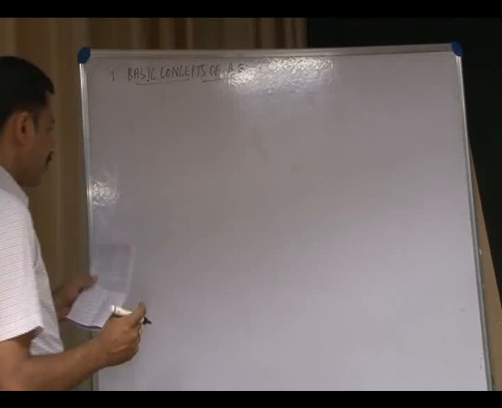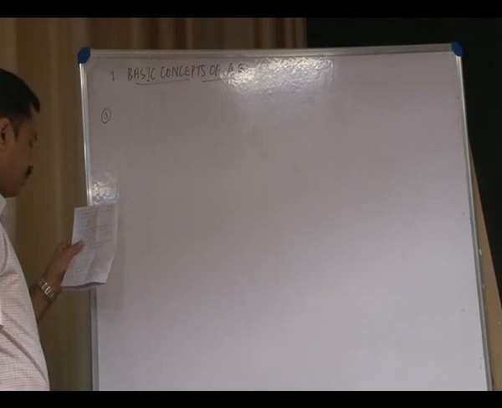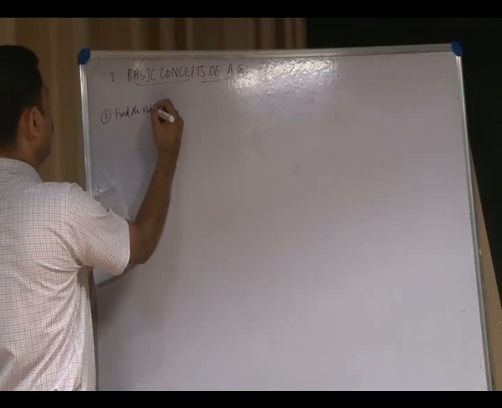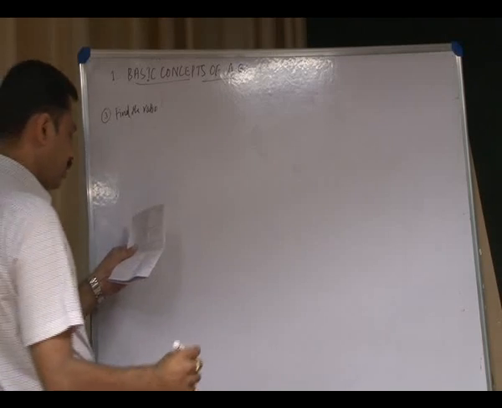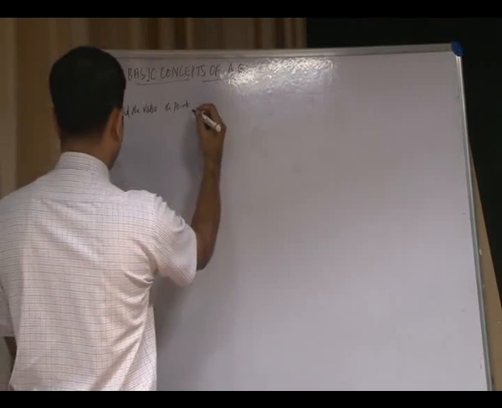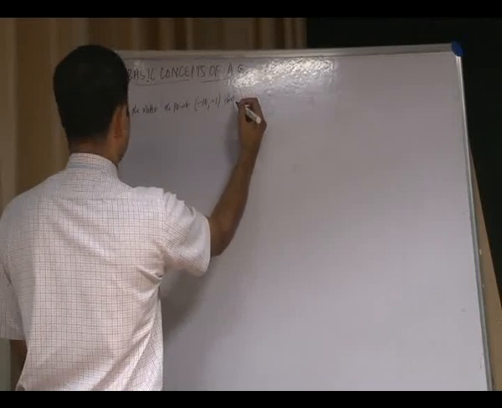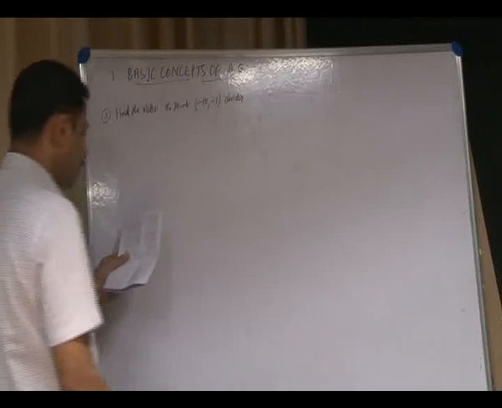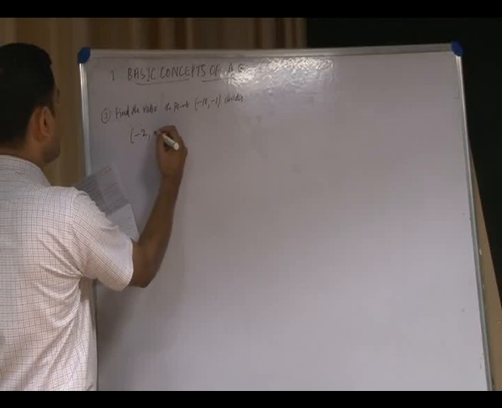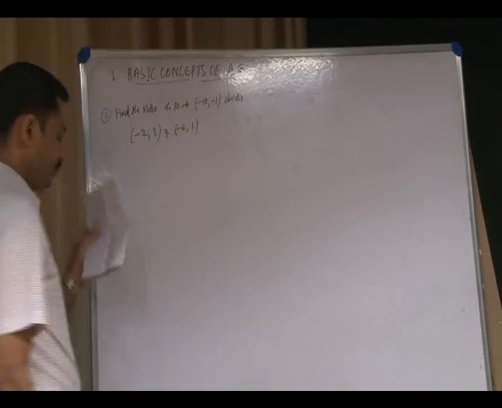So, next problem, third one. Find the ratio in which the point minus 10 comma minus 1 divides the line joining two points minus 2 comma 3 and minus 6 comma 1.